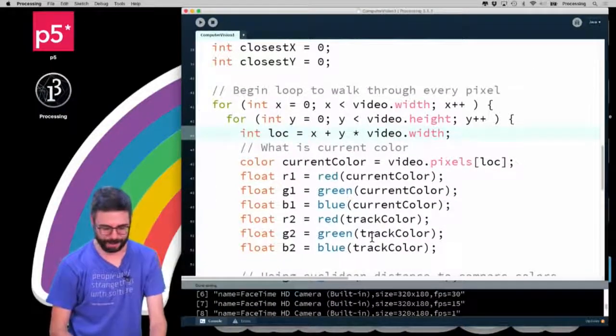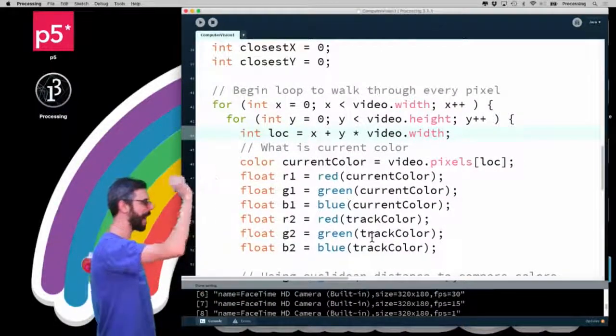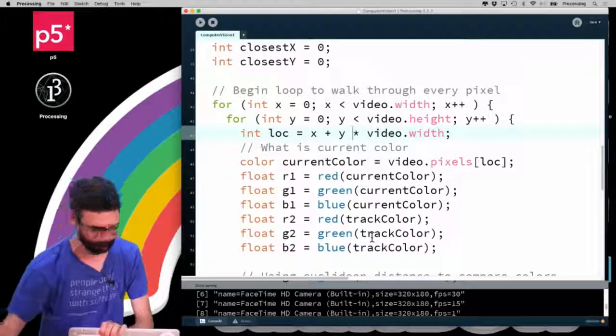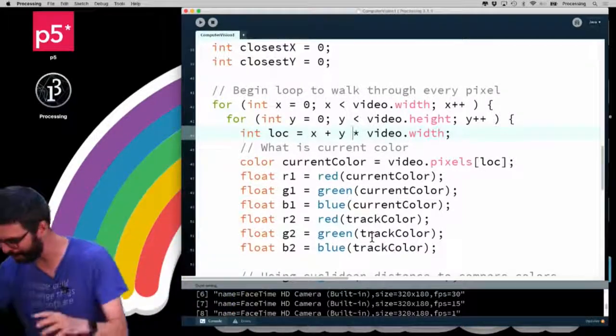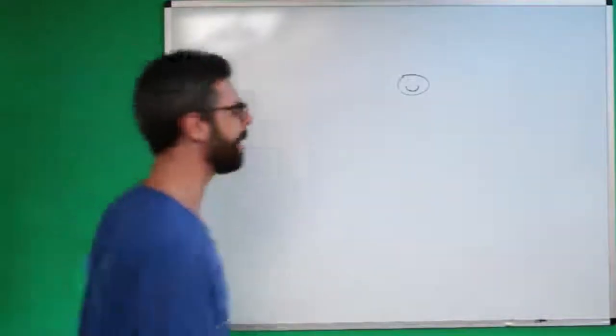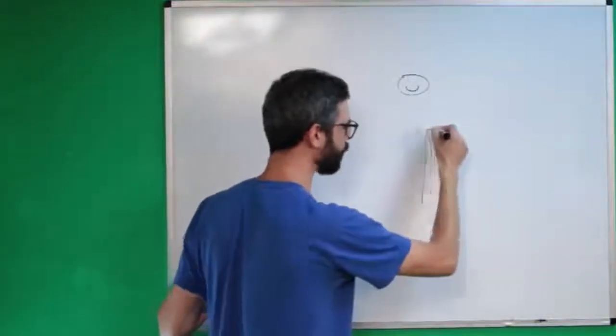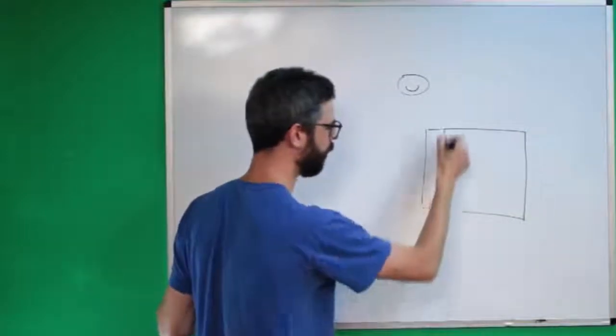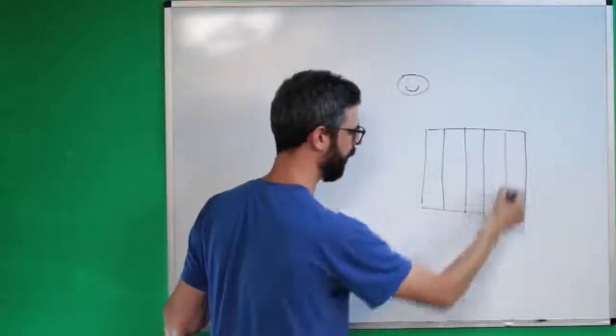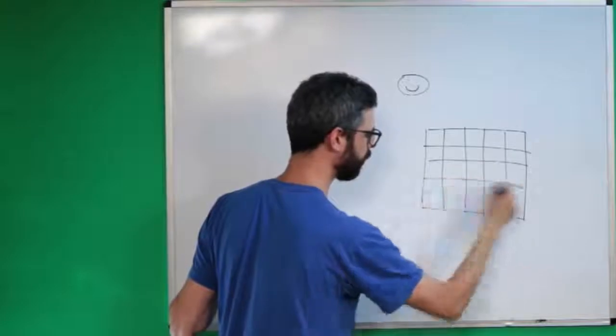Okay, and you can see here, what am I doing? Let's just review this idea briefly in case you didn't watch the previous video. This is a grid of pixels.